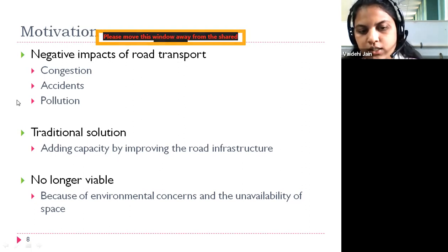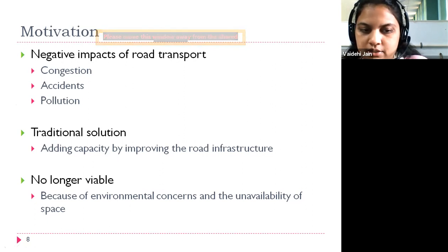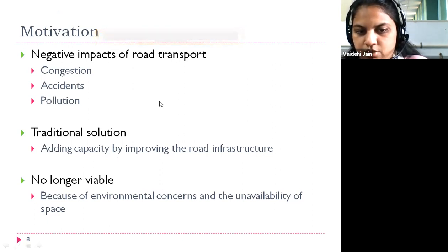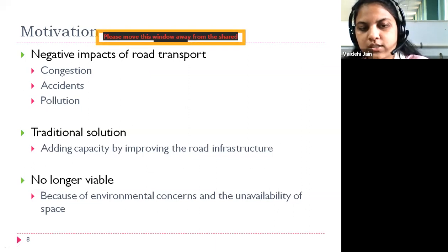But right now, it is no longer viable because we do not have that much space available for road expansion or road widening. That is why we need to jump to some other solution. Now we cannot rely on that traditional solution, that just by widening a road your problem will be solved.